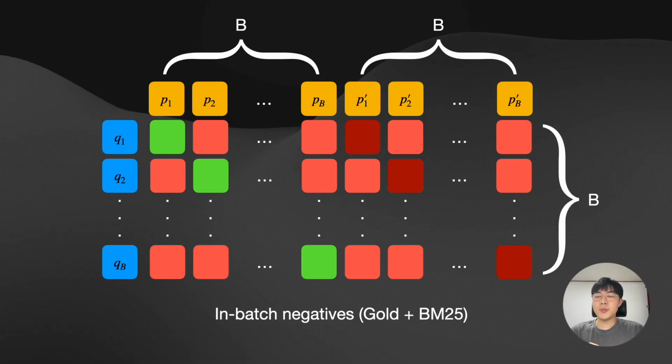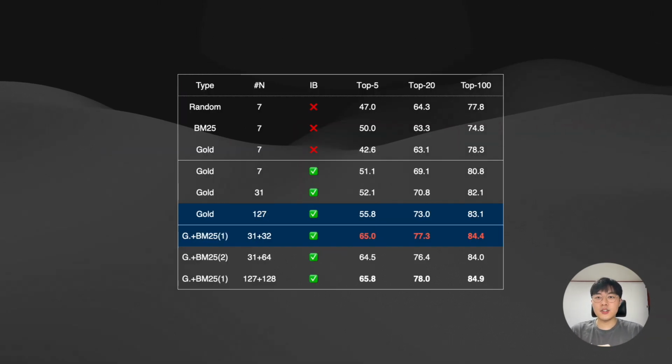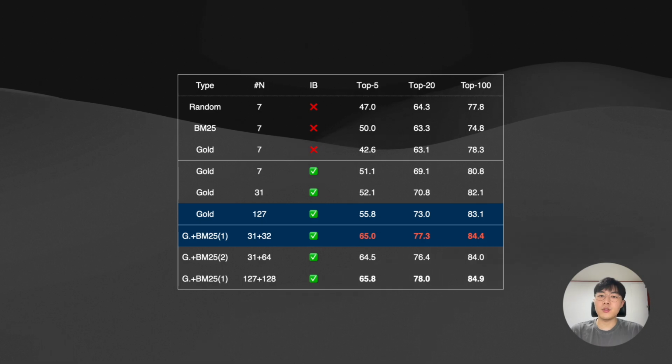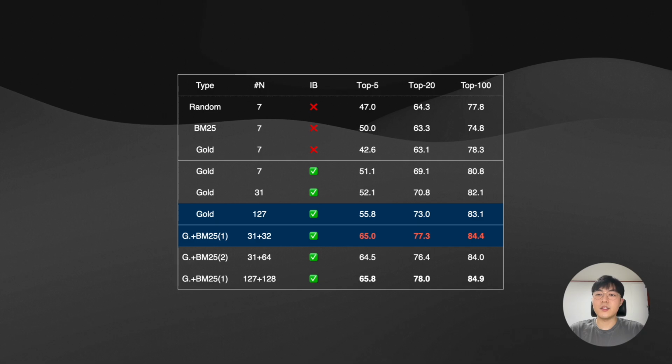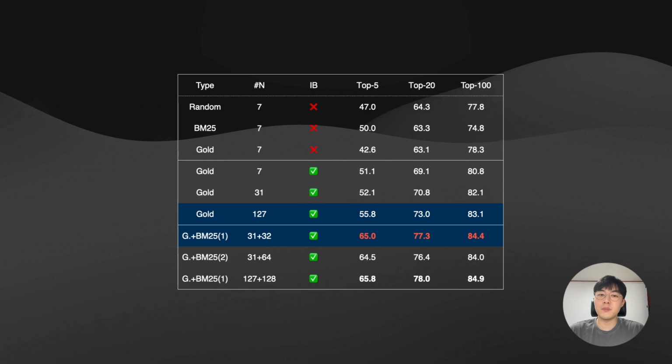Here, passage P1' is the hard negative passage for the query Q1, and P2' is the hard negative for Q2, and so on. These additional hard negatives lead to substantial performance improvement, even though the total number of negatives is about half compared to only trained with gold passages. This is quite interesting considering that there wasn't much performance improvement when only BM25 was used in the first block.